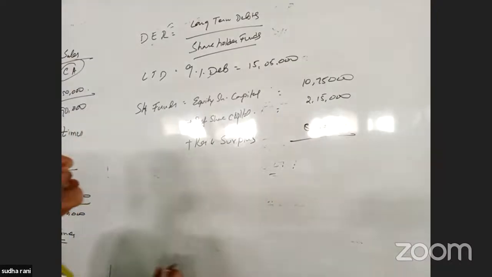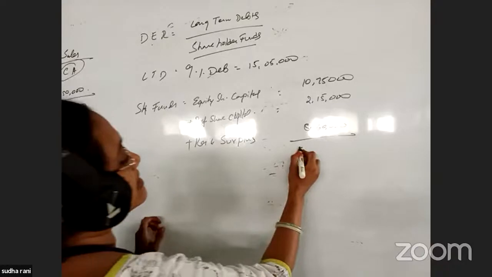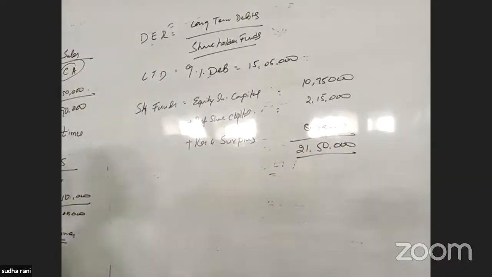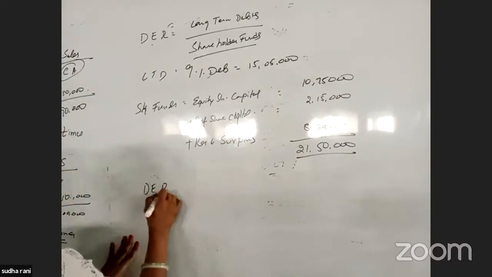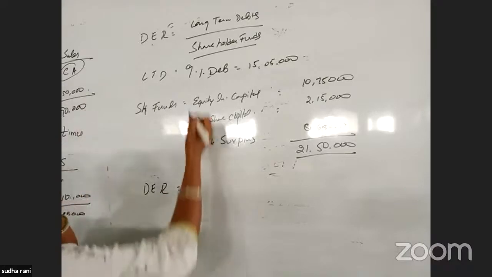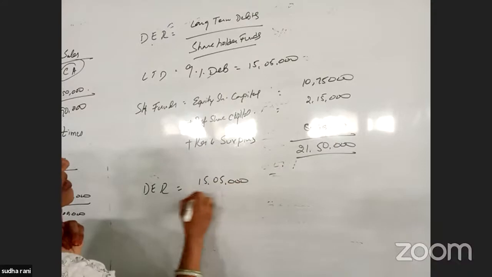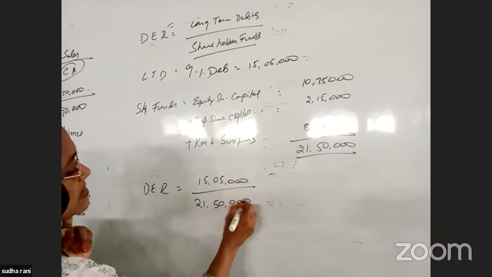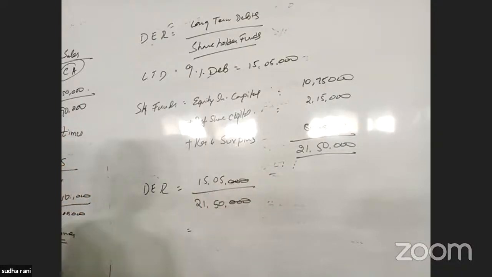The total is 21,50,000. Now, the debt equity ratio. How do we get it? Long-term debt, how much is given to us in the question? 15,05,000, divided by shareholder funds of 21,50,000. Three zeros cancel. 1505 by 2150. Calculate and you will get it.